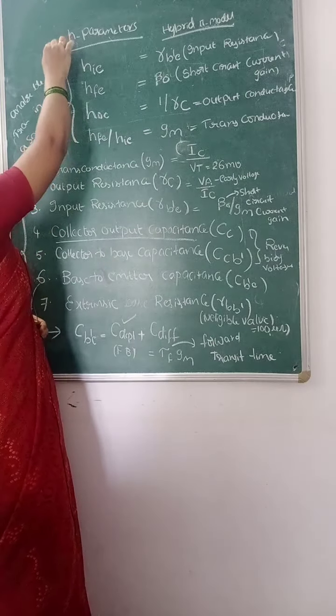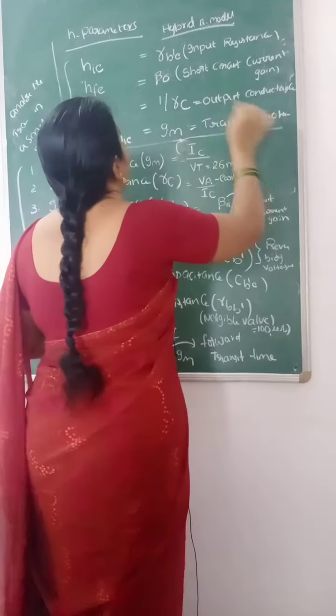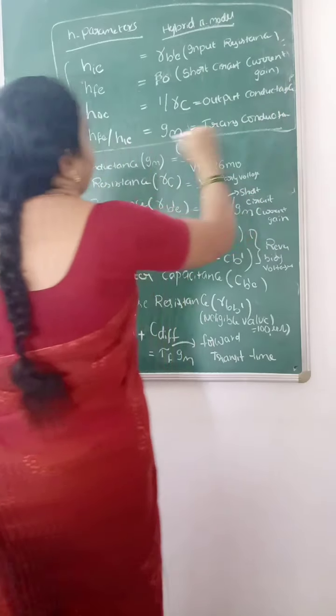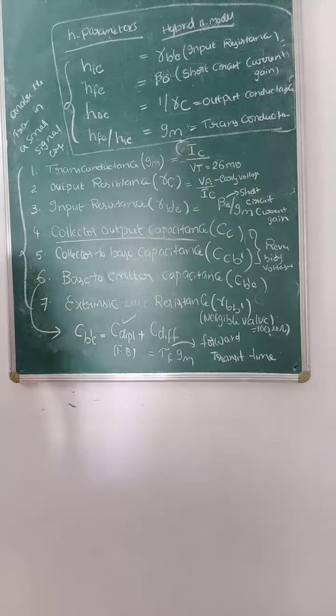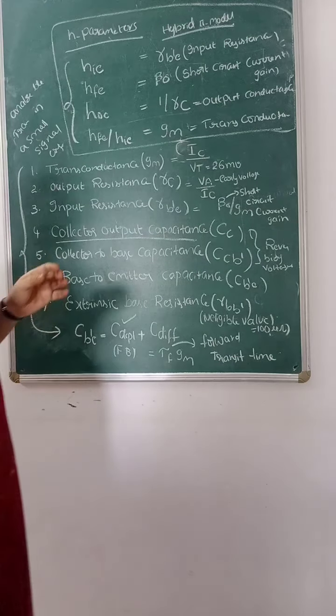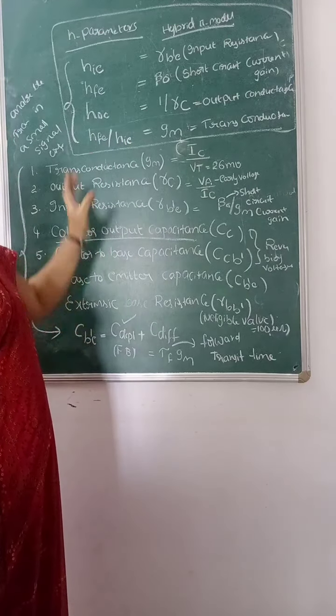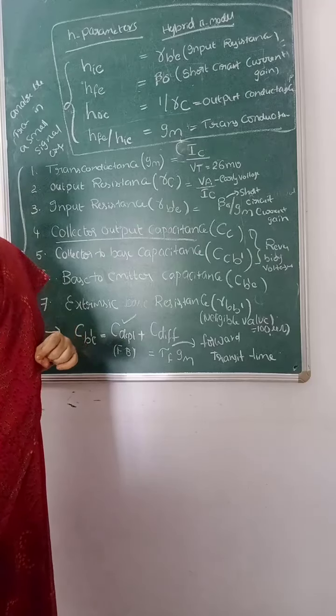So these are the hybrid pi model and the H parameters of a single stage amplifier and the elements. These are the 7 elements. These are the 4 parameters.